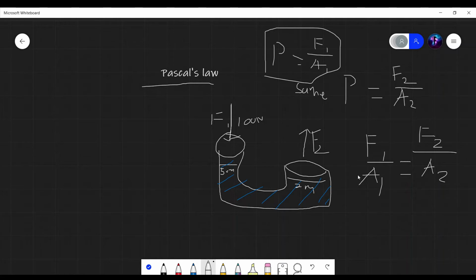Try to ignore it. I'm going to transform it by multiplying each side by A2, and you'll get the formula F2 is equal to F1 times A2 over A1.